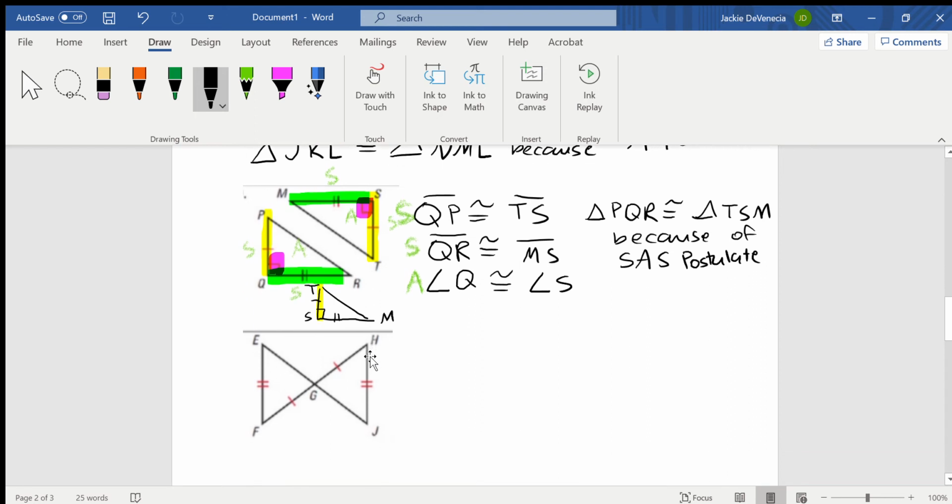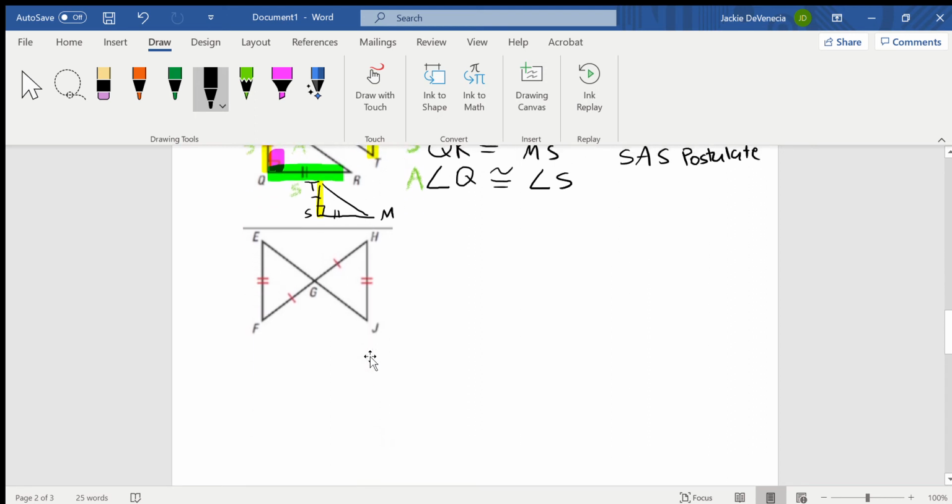So let's look at this one down here. Again, we have two triangles. They're meeting at this angle. So let's see what we can work with. All right, so we have line EF matches with HJ. So let's go ahead and write that.